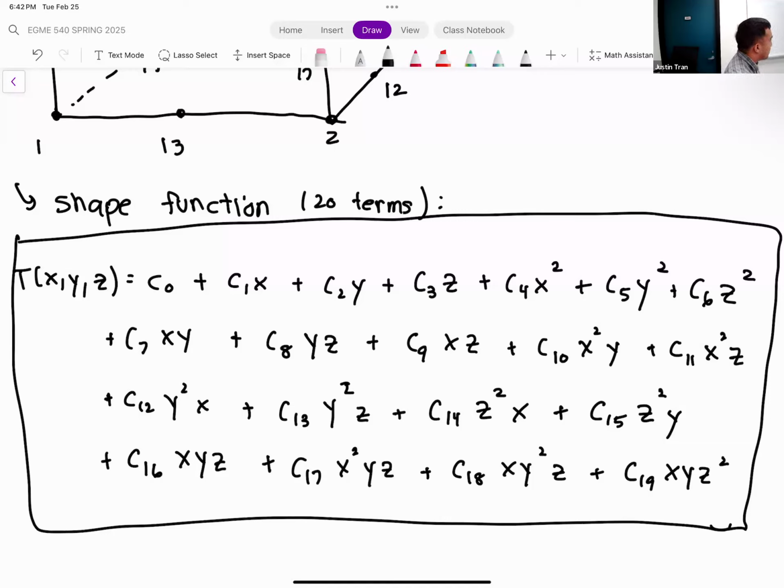Whenever you have an equation that takes up 2/3 of the screen, you know it's something that's serious. Okay. So you can see here that every polynomial dependence under the sun is within this function itself. If you have a finite element solution and it depends on x, y, and z, this function is going to cover its dependency somehow, unless it's a cubic dependency, which is quite rare, actually.